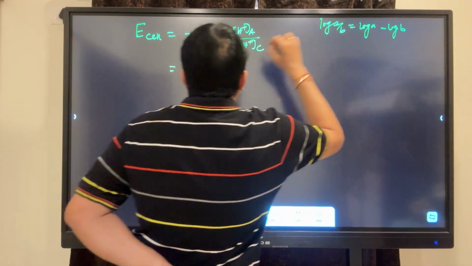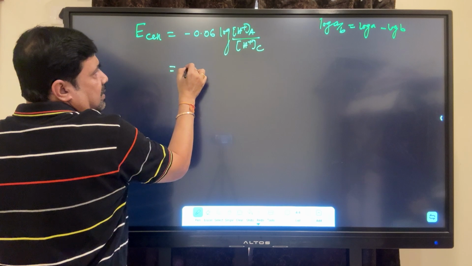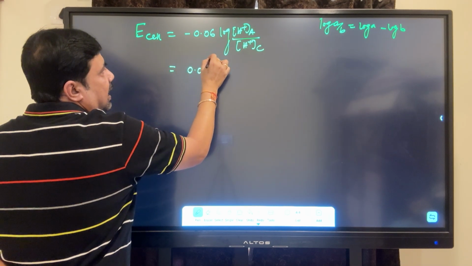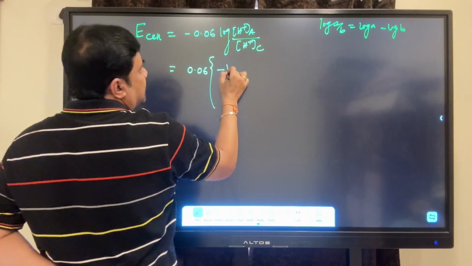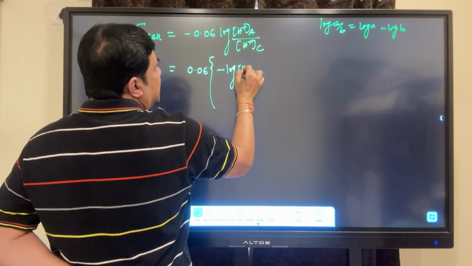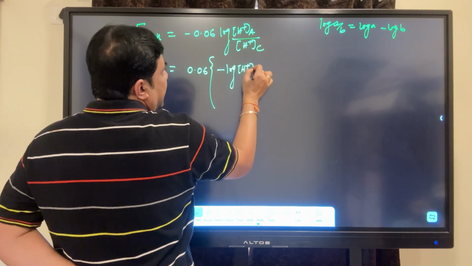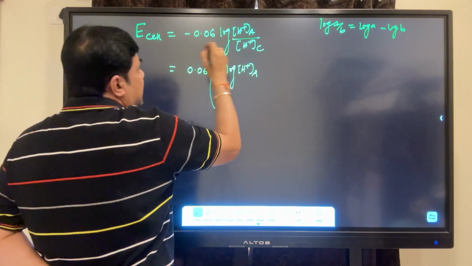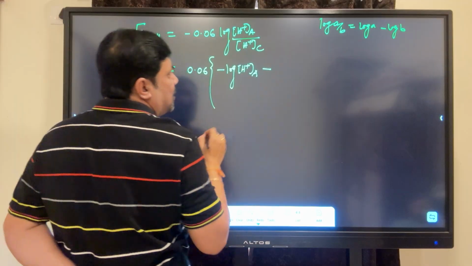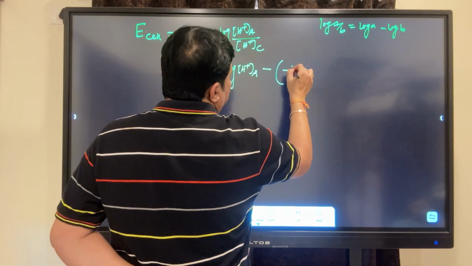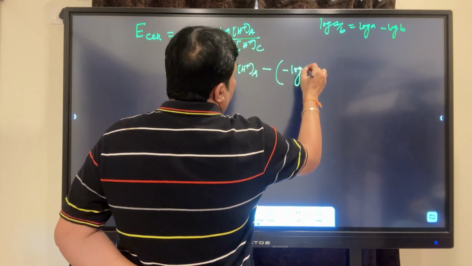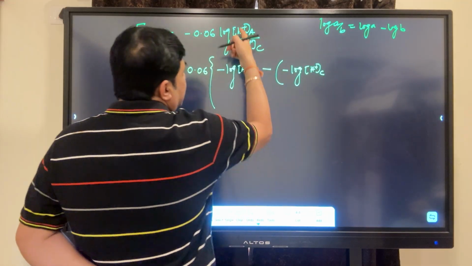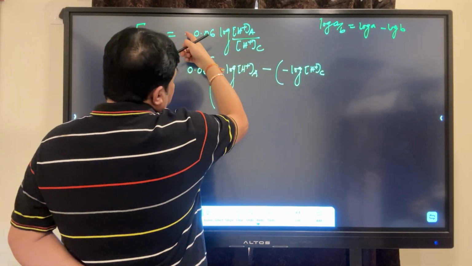So then what I can write over here itself, before that a minus sign is there, I am writing it this way. You look at 0.06, here I am taking a bracket, minus of log of H plus concentration, this minus I am taking inside, H plus concentration of anode. By default there will be one minus, this minus if I take inside, and already another minus sign was there, minus of log of H plus concentration of cathode, because that will be nothing but A by B means minus of B, and before that a minus sign is there.